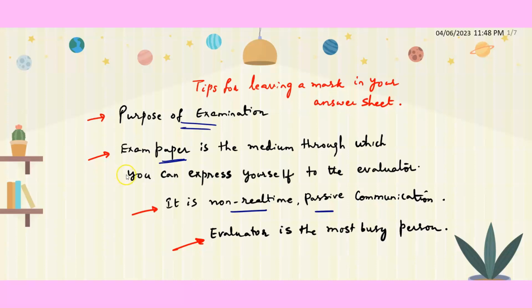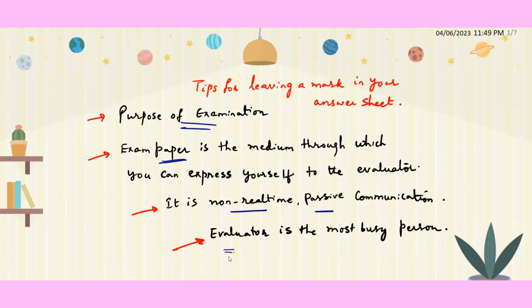Now that you have understood that the answer sheet is your platform to convey your thoughts, you should also understand the evaluator's point of view. Many people comment that the evaluator has not assigned proper marks, skipped some questions, did not check some questions, or gave very few marks for certain questions.